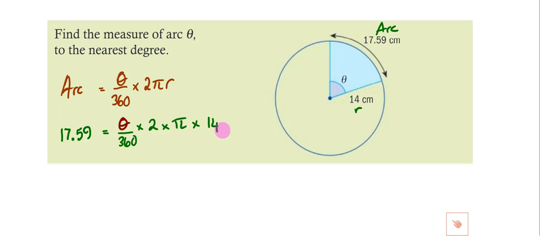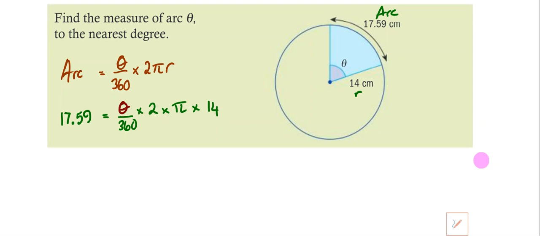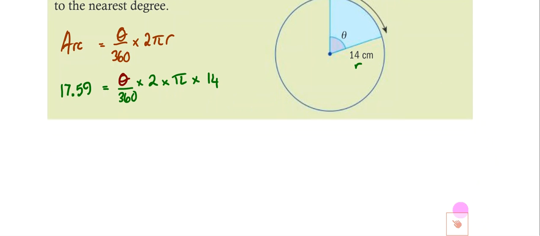So now the thing that I need to find is clearly visible. My next step would be to do all the calculations that I can do to simplify it down. So what can I do first? Yep, so let's write out 17.59 equals theta over 360 times 28 times pi.